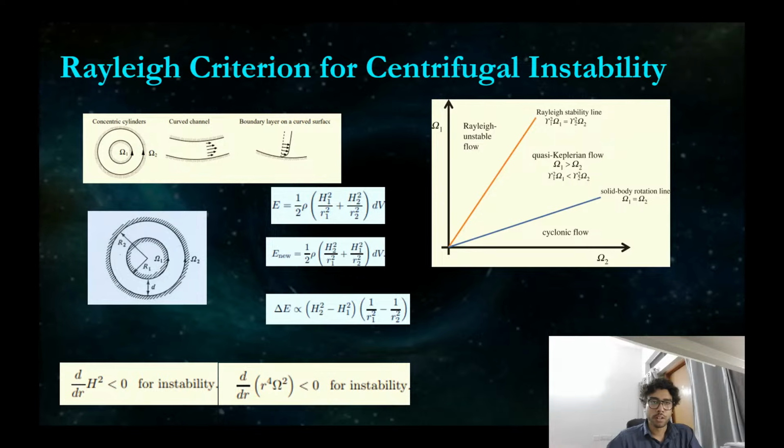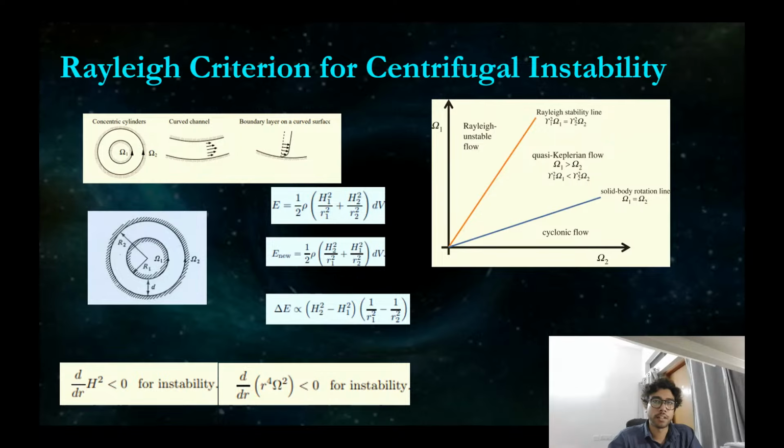So now we wanted to understand what causes this differential rotation, and whether differential rotation can be sustained in stars, or stars should have solid body rotation. Well, it turns out that stars generally have differential rotation.